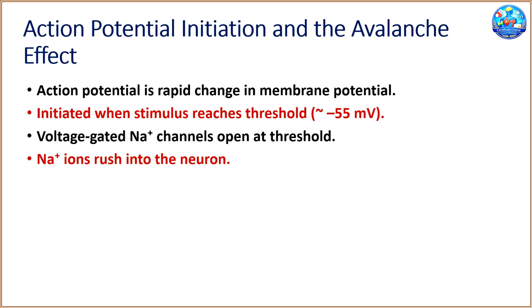Action potential initiation and avalanche effect. When a neuron is stimulated, it undergoes a rapid change in the membrane potential, and this we call the action potential. This begins when the stimulus depolarizes the membrane to a critical level, which we call the threshold potential.